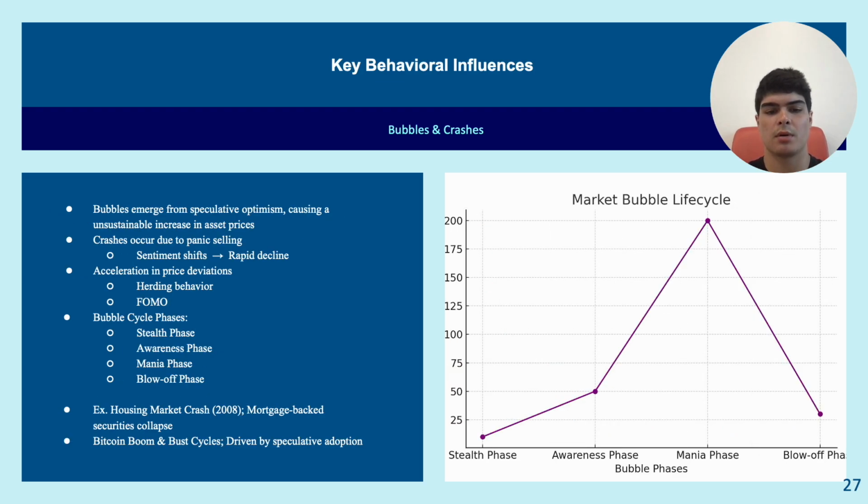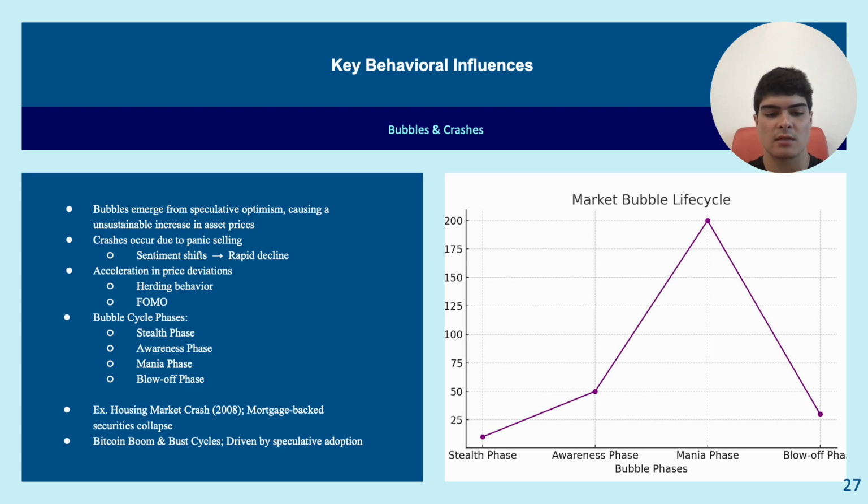This brings us to bubbles and crashes, some of the most dramatic effects of behavioral finance. Bubbles happen when speculative optimism pushes prices far beyond their real value. At some point, reality kicks in, panic spreads, and the bubble bursts, leading to a crash. The cycle typically follows these stages. First, in the stealth phase, early investors quietly accumulate assets. Then the awareness phase brings in more investors, increasing media coverage.